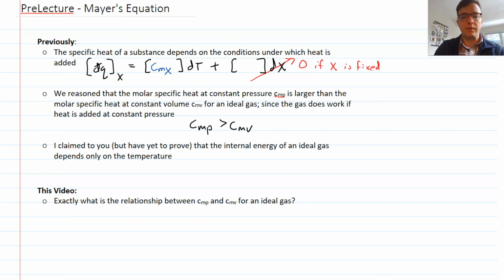It does not depend on the volume. So U, for an ideal gas, is equal to the number of moles times C_MV times T. What we're after is a relationship between C_MP and C_MV for an ideal gas. That relationship is called Mayer's equation, and that's what we're going to try to derive.